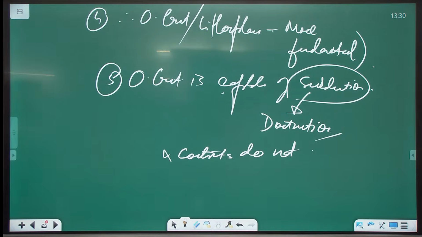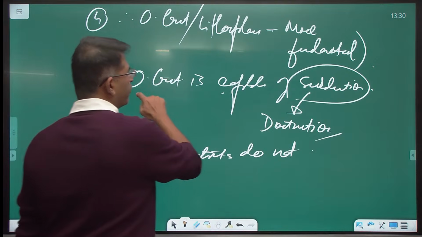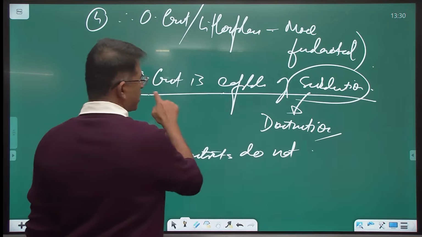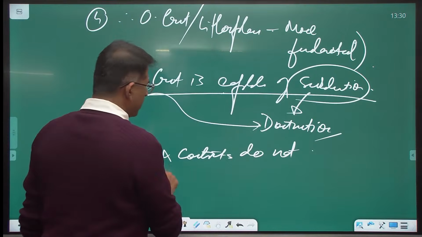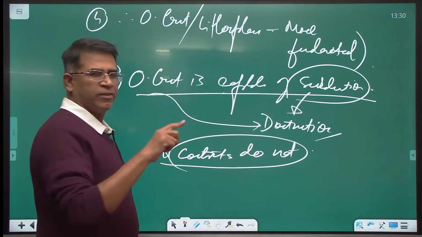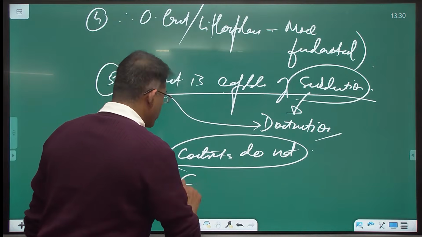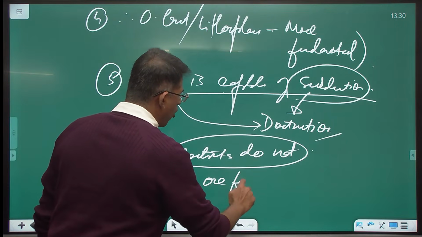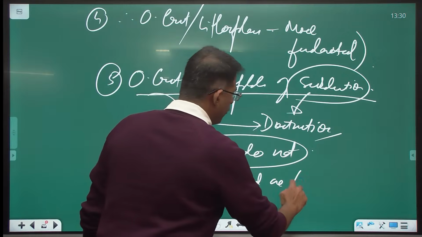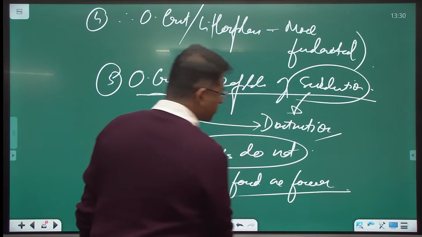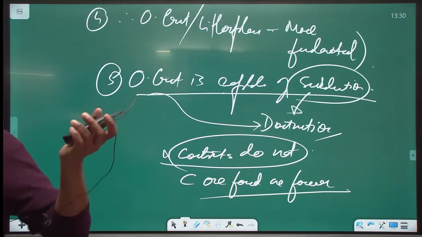Ocean crust is capable of subduction. Ocean crust can be destroyed. The continents, they don't. We often say continents once formed are forever. Continents increase in size.